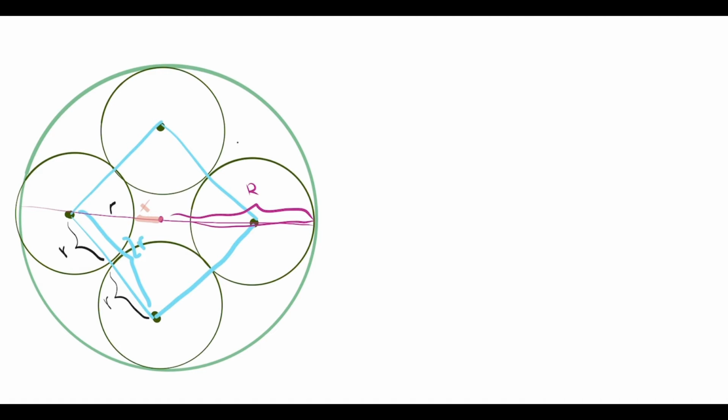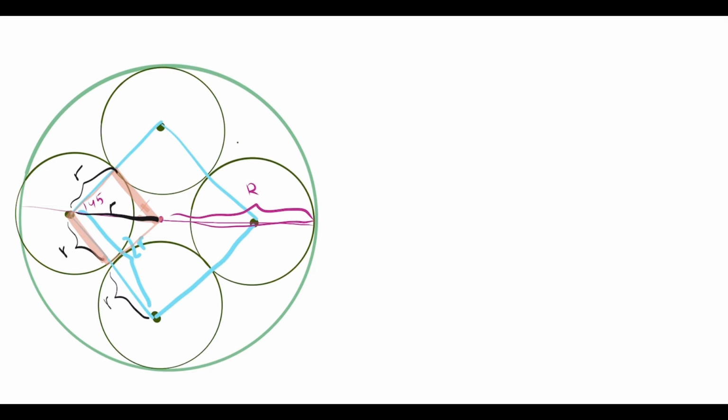Okay, so to solve for r plus x, we see that this is a 45-45-90 triangle with legs of lowercase r, and the hypotenuse in this type of triangle is square root of 2 times the legs.